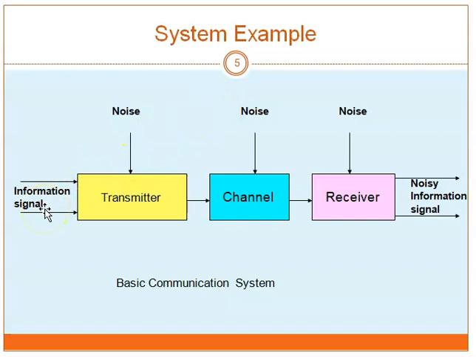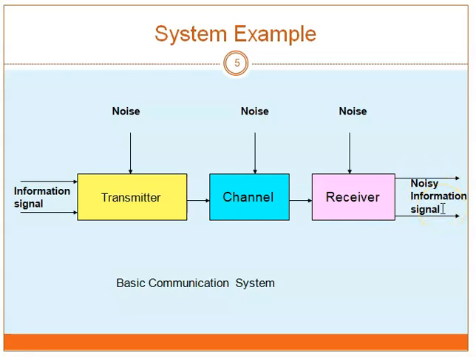Here you will have the information signal coming through the system. The system consists of three parts: the transmitter, the channel, and also the receiver. It will enter the transmitter, the transmission channel, and finally the receiver. At the end, it will produce the information signal in terms of the output signal. So why do you have a noisy information signal here?